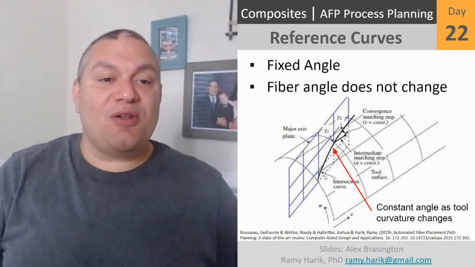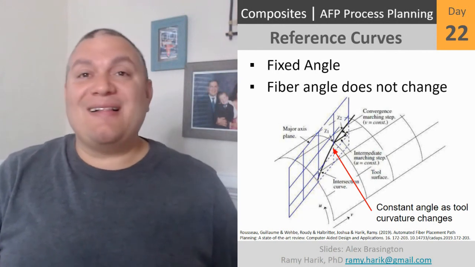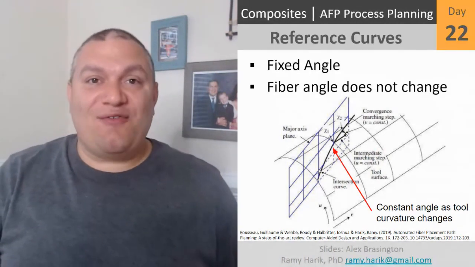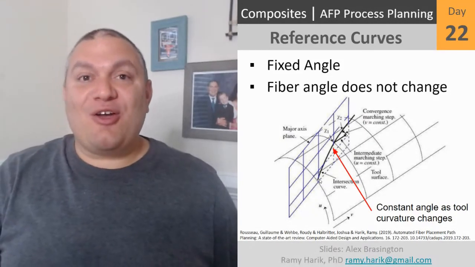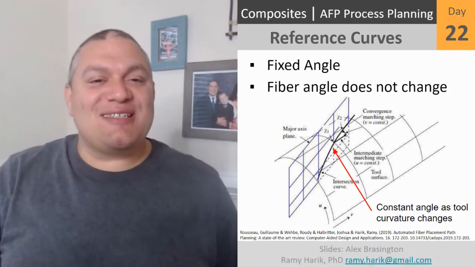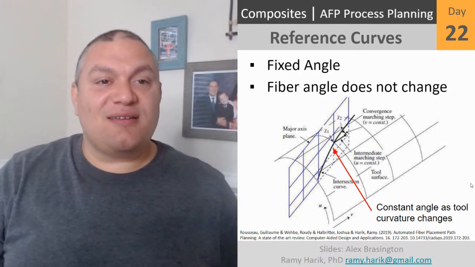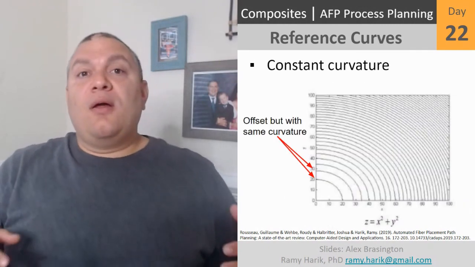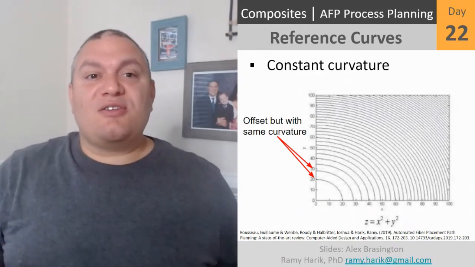So this is an example of a constant angle curve. The fiber angle does not change. You don't have any deviation, but it can be a little bit problematic because you can end up having something that has a lot of steering. So this is an example of the constant angle. Now, sometimes constant angle doesn't work, so we came up with constant curvature.